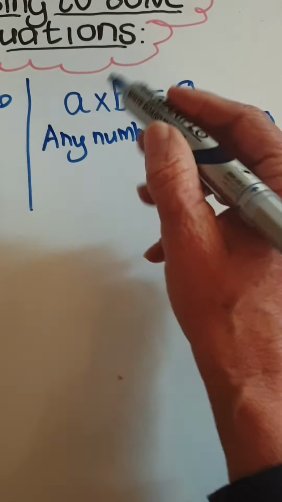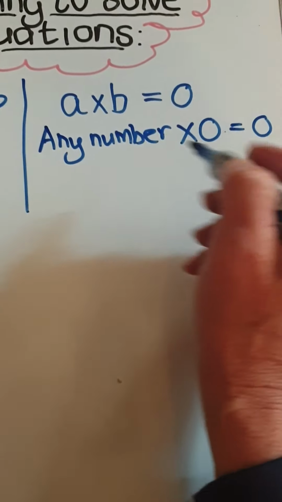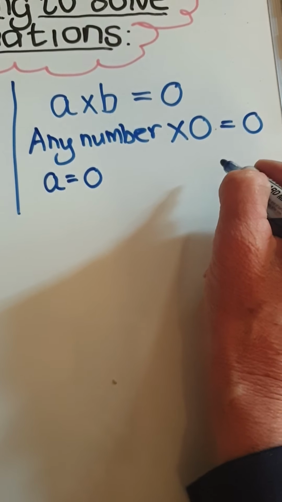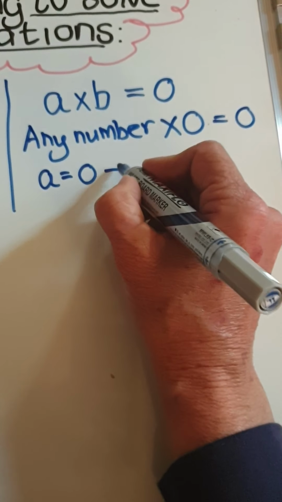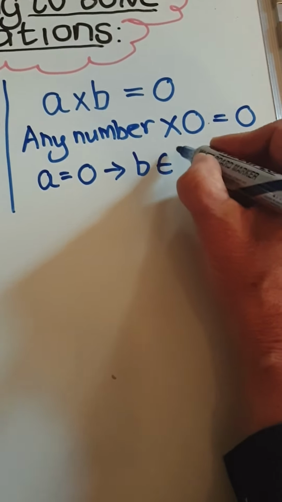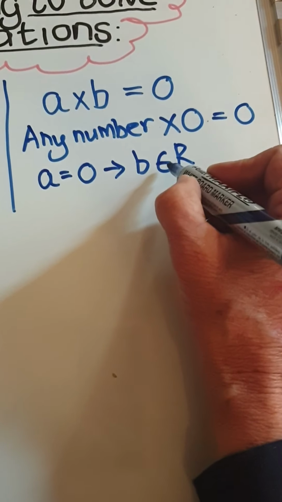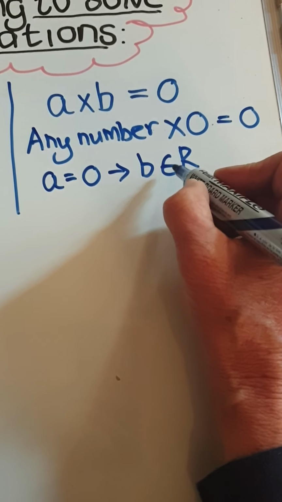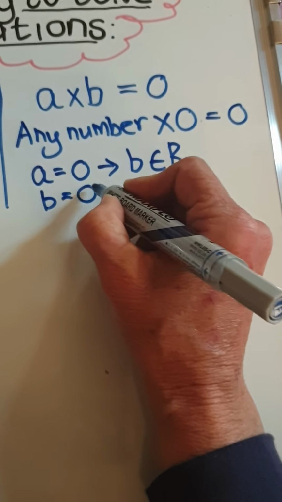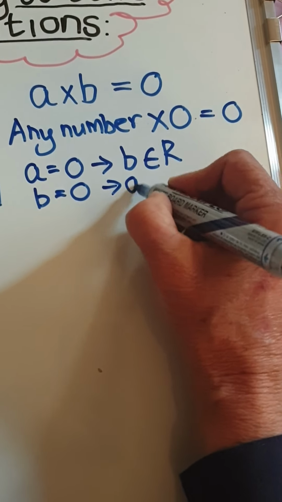So this makes it very easy to solve, because if a is 0, then what must b be? It actually means that b can be anything. b can be any number, because any number times 0 will give you 0. Or if b is 0, then a can be any number.